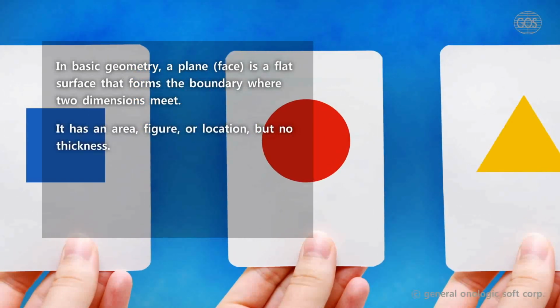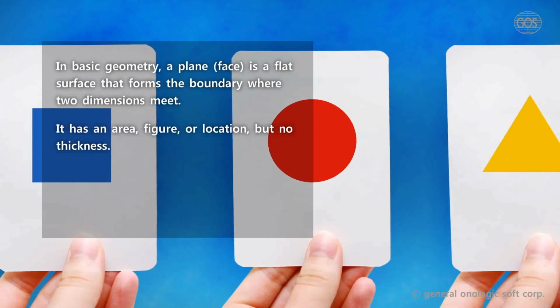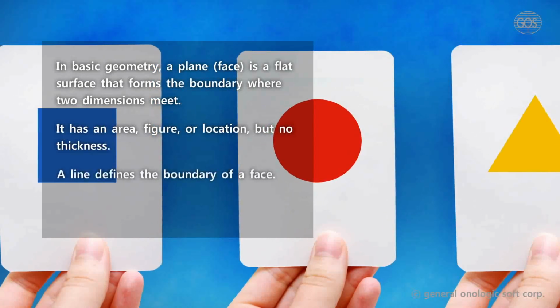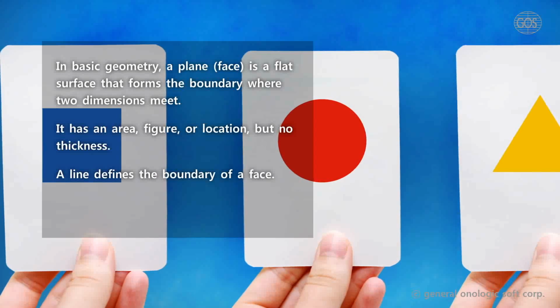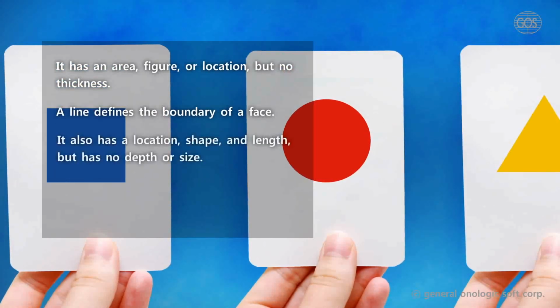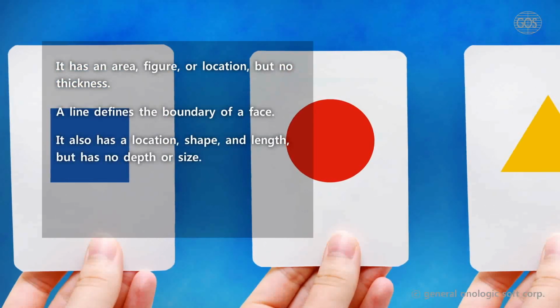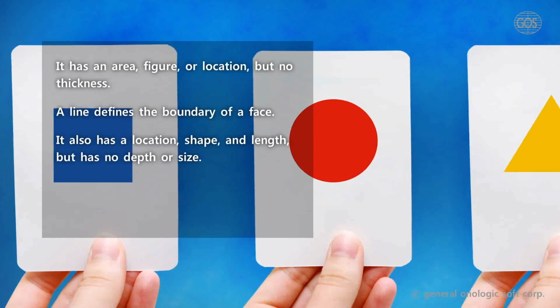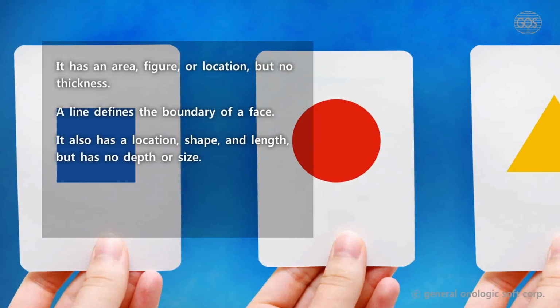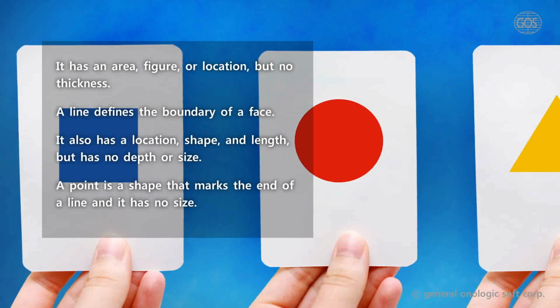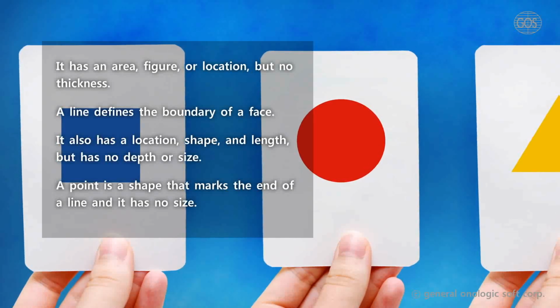It has an area, figure, or location, but no thickness. A line defines the boundary of a face. It also has a location, shape, and length, but has no depth or size. A point is a shape that marks the end of a line, and it has no size.